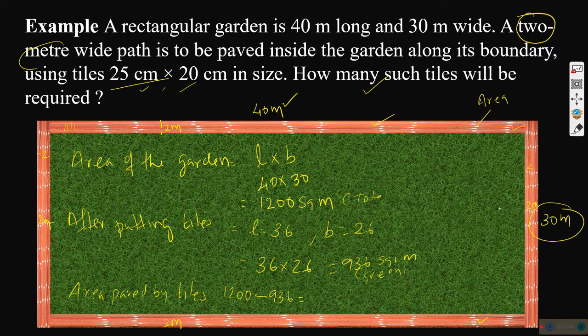So when we are calculating the area covered by a tile, we should convert the 25 centimeter into meter by dividing with 100. So if you are trying to find out the area covered by a tile, it will be 25 upon 100 multiplied by 20 upon 100 square meters. This is the area covered by a tile.